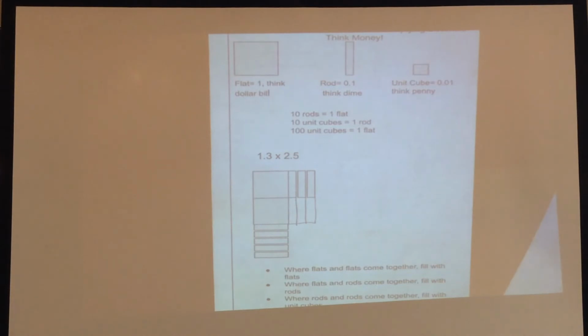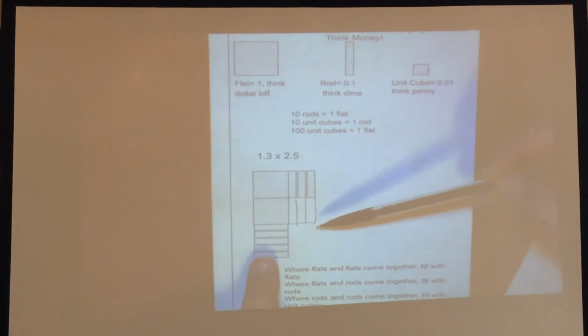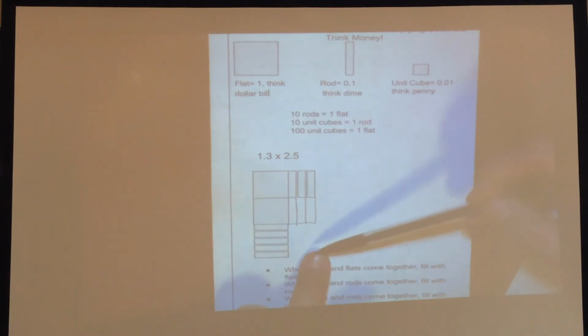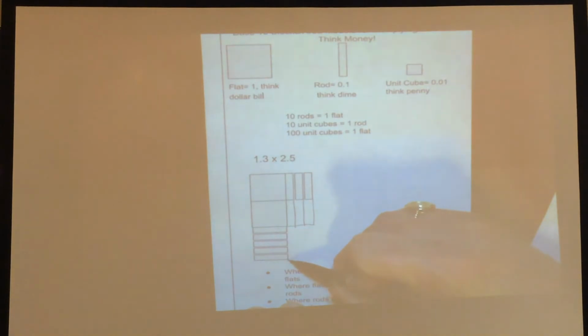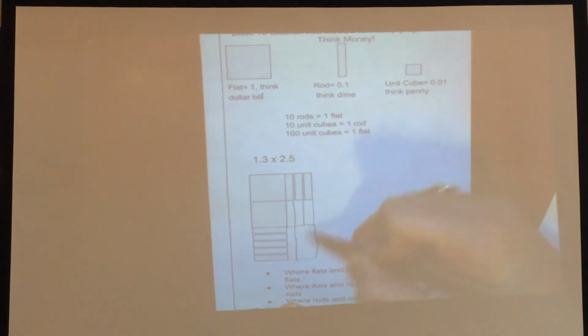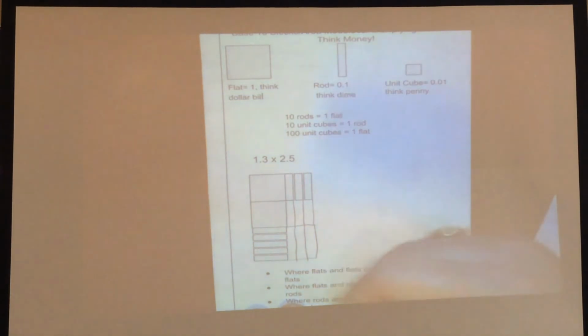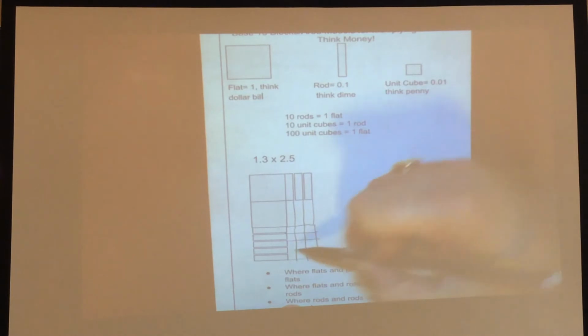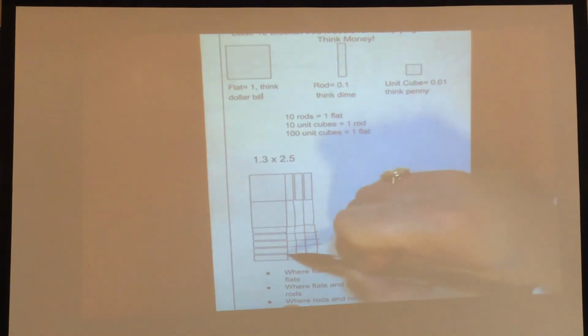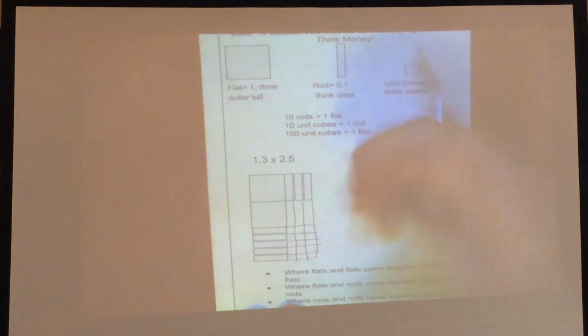When I'm filling in where rods and rods come together, I'm filling in with unit cubes. So I'm going to pull this across, this down, bring that rod down, bring this rod across, and that rod.